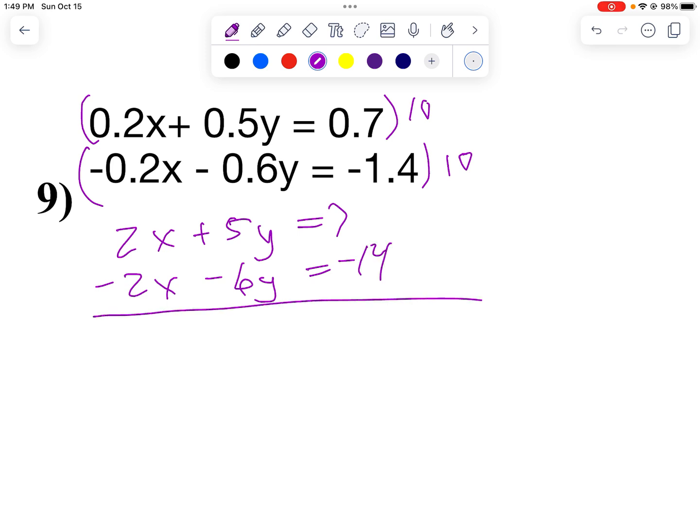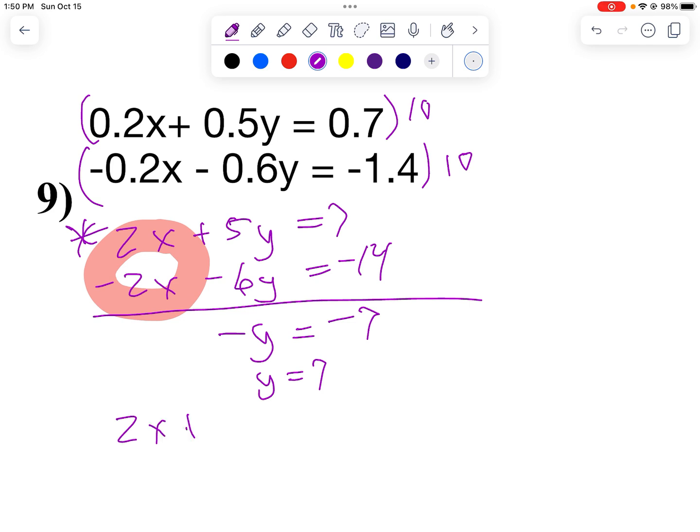Combine those straight off the bat and notice 2x minus 2x, I don't have to do anything. 5 minus 6 is -y. 7 minus 14 is -7, which means y is +7. Let's use this equation because that has nice whole numbers. So I'm going to say 2x plus 5 times 7 equals 7.